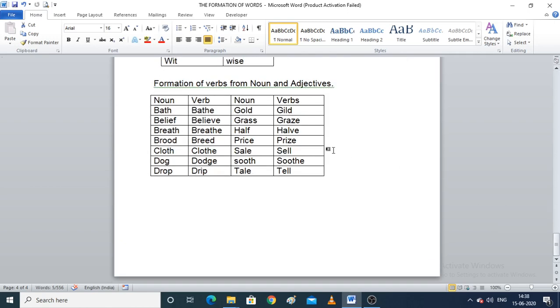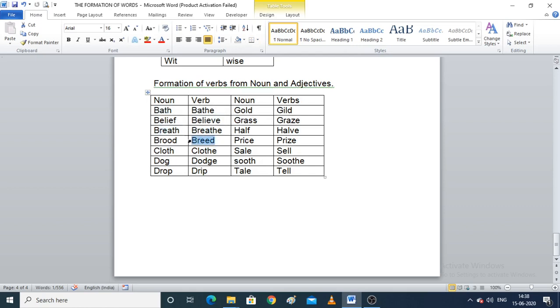Formation of verbs from nouns and adjectives. Now verbs are formed from nouns. Bathe, the verb, is derived from bath. Believe is derived from belief. Breathe is derived from breath.